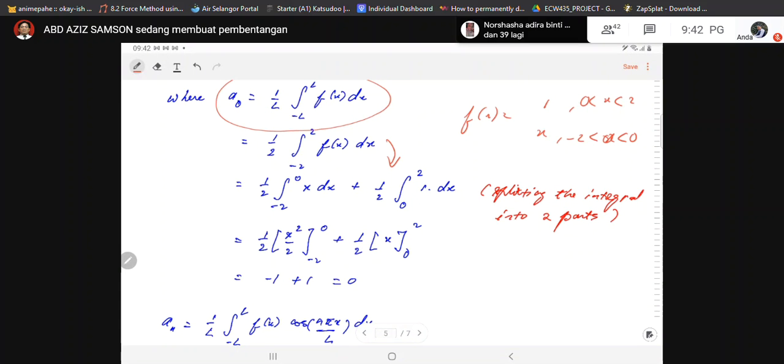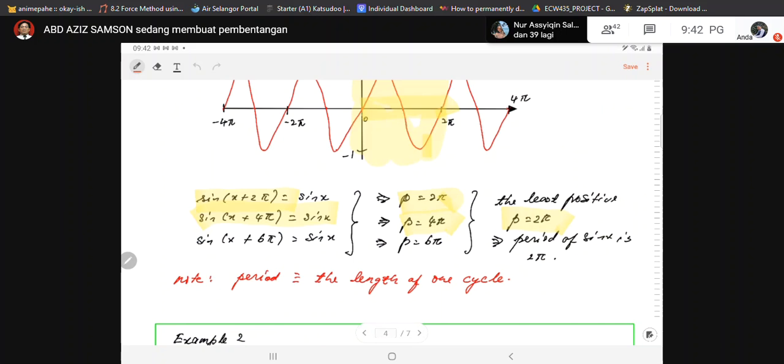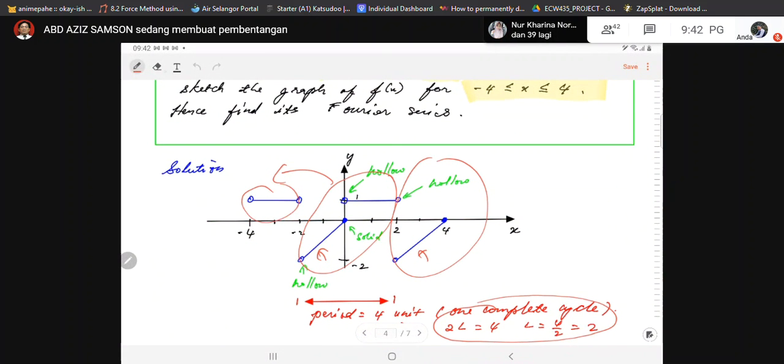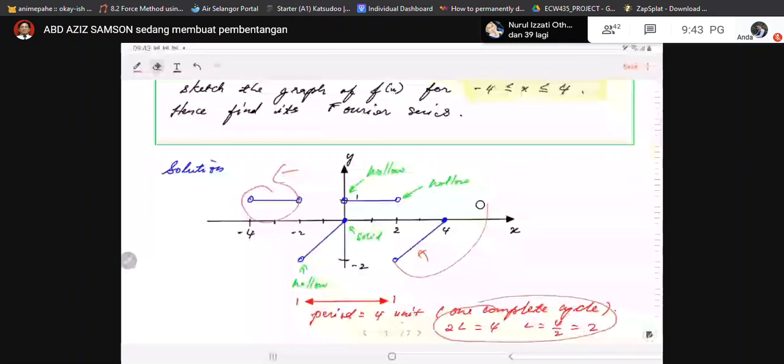And please keep in mind, the 0 is included, and I did not highlight this. Please keep in mind this one here. When I draw this, you realize that at 0 it is a solid line on this graph here, and then it will be hollow there at the top line. You have to keep in mind why I put this.